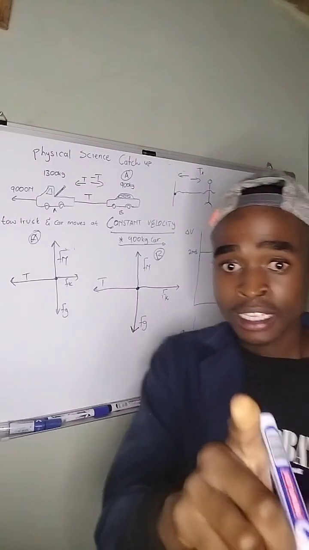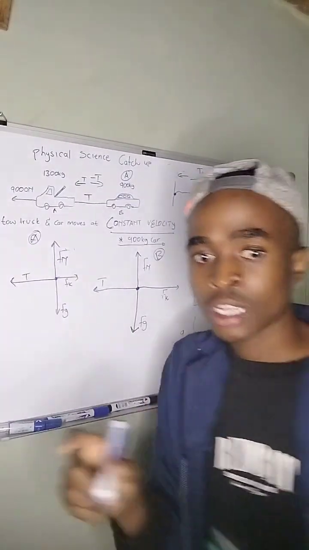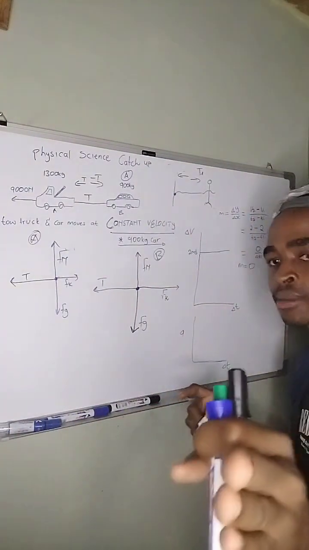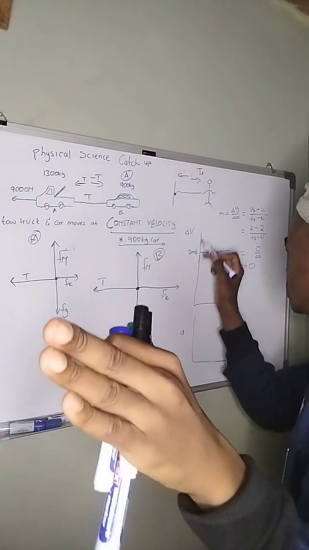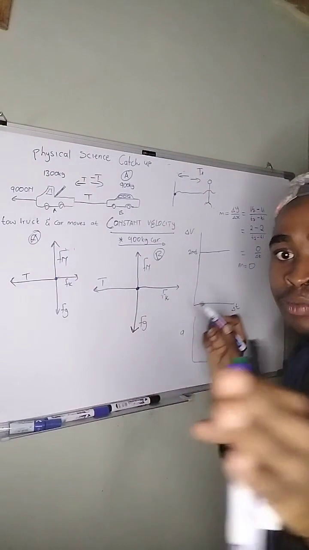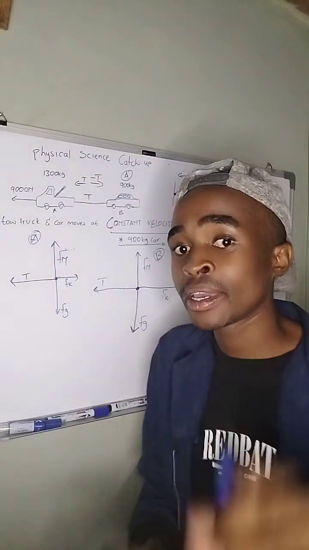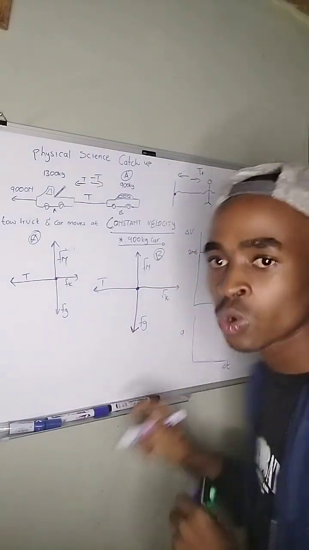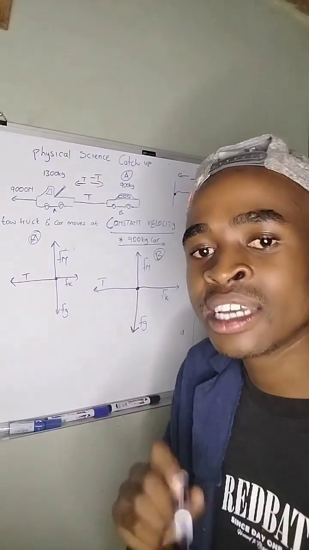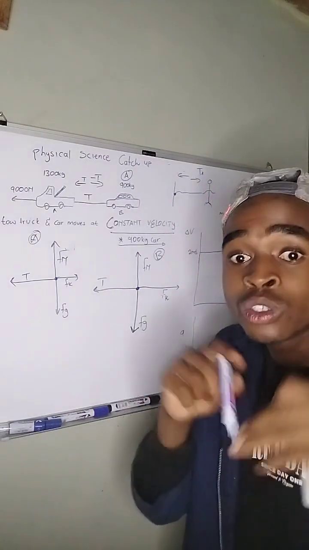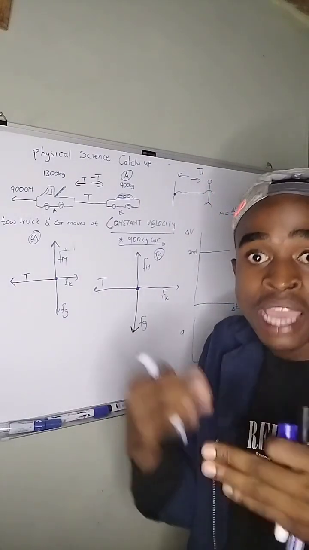My gradient is 0, right? So check something. This is represented in meters per second, right? So let us calculate the gradient relative to the SI units we have.